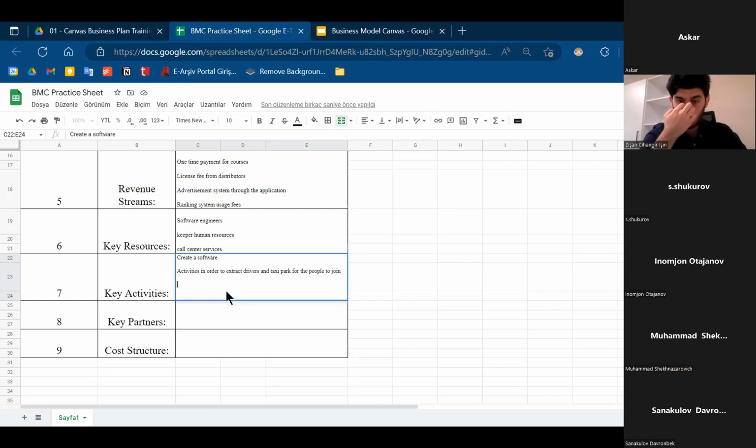Hiring drivers separately and finding a car separately and combining them will be really expensive for us. That's why we are attracting people who have already owned their car and who are really experienced in this. Bring people with cars and drivers with experience together. Is this correct? Yeah.